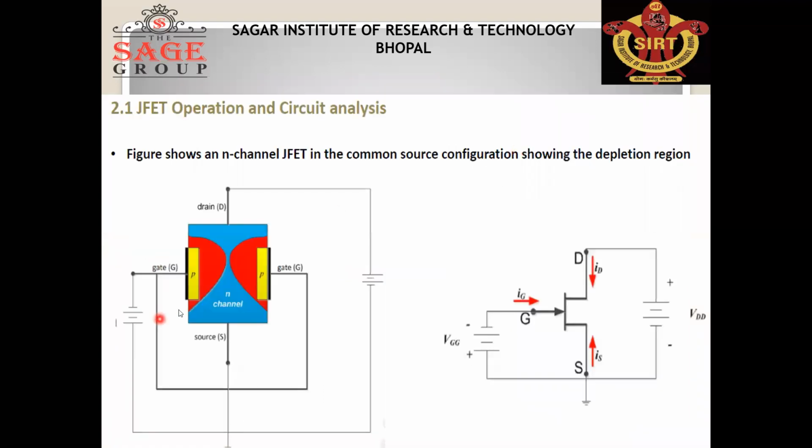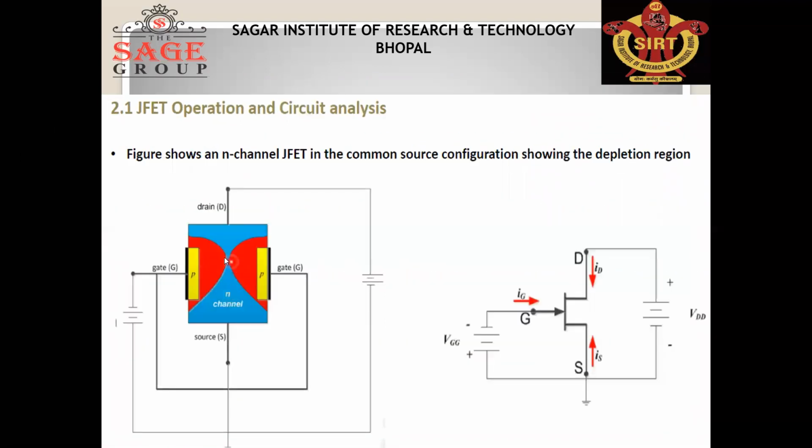As soon as the PN junction is formed, the depletion layer is also created. So the width of the effective N channel will be reduced.